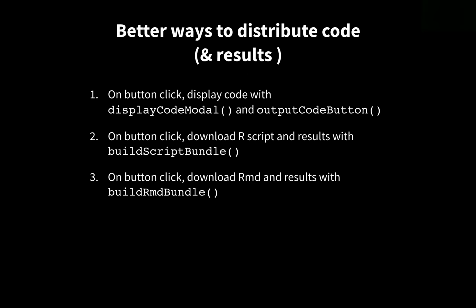And if you want a downloaded script with the results, we also have two helper functions that will let you download an R script or an RMD, basically creating that script and rendering the results using R Markdown all in one step.